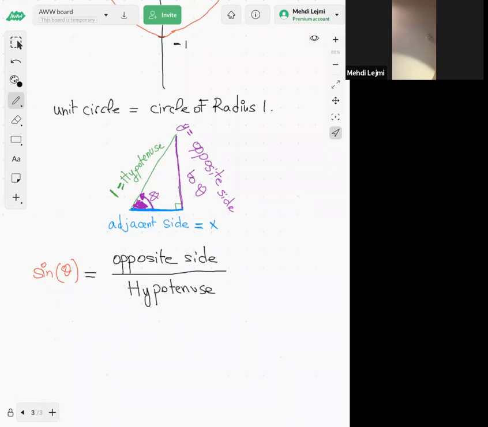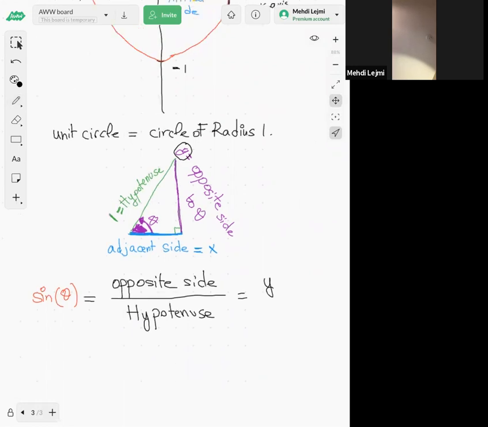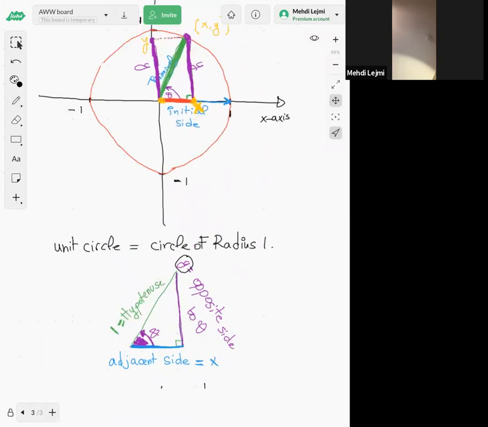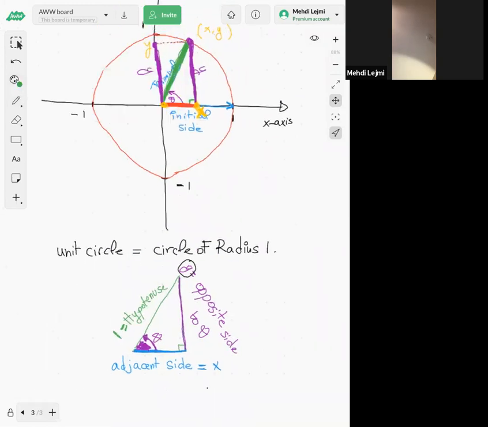Okay, now the length of the opposite side is equal to y, and the hypotenuse, because it's a unit circle, the hypotenuse of this right triangle is equal to 1, right?